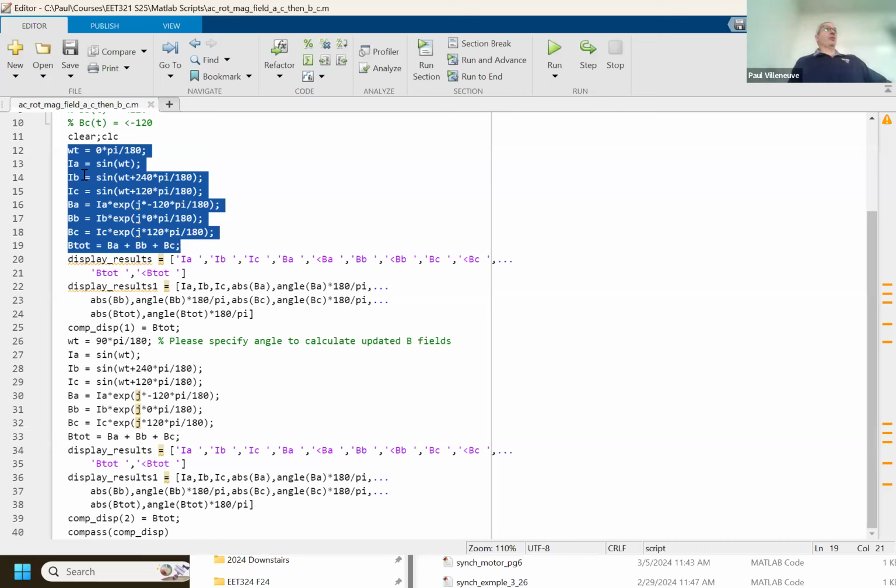With MATLAB, I can get those results really fast. With your calculator, you have to do it by hand, and it just takes time. The advantage of MATLAB is that it keeps me honest. When I put clear and clc, and I think I've talked about this in class before, that clears all the variables. So when I run it, you can't say I just brought these numbers in from no man's land. No, it was actually calculated, because clear clears all the variables.